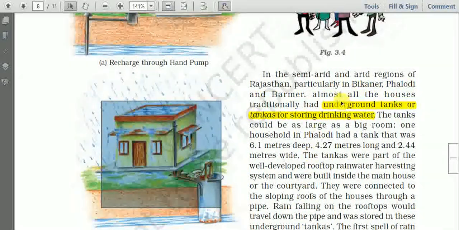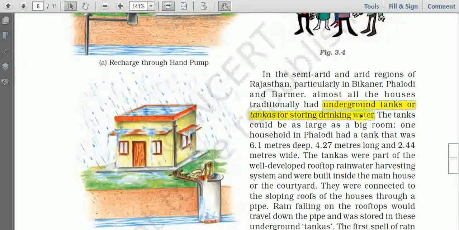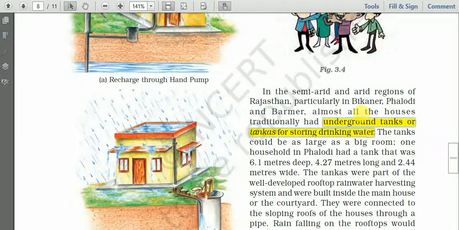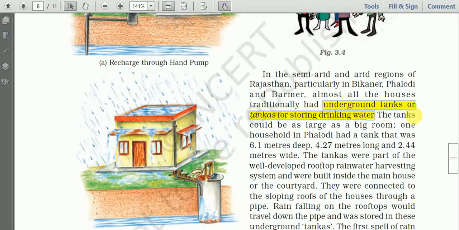But in the semi-arid and arid regions of Rajasthan, particularly in Bikaner, Phalodi and Barmer, almost all the houses traditionally had underground tanks or tankas for storing drinking water.